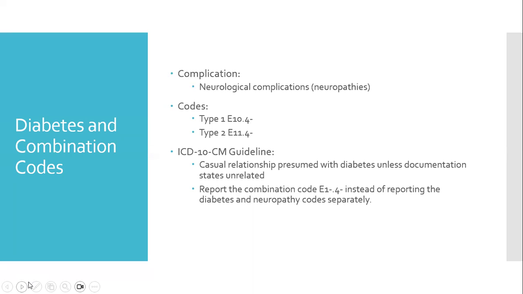And just like I mentioned with the previous complication, now your subcategory is your .4 followed by your additional digit based on the type it is. So you have a causal relationship unless it's documented otherwise, and then you report the combination code for the diabetes and the neuropathy when separately reported.